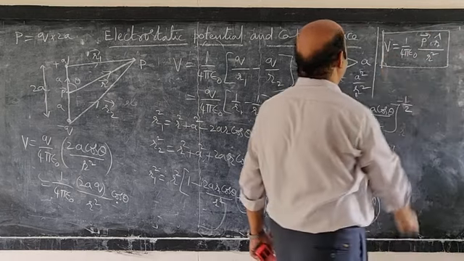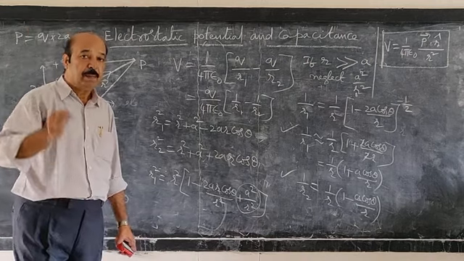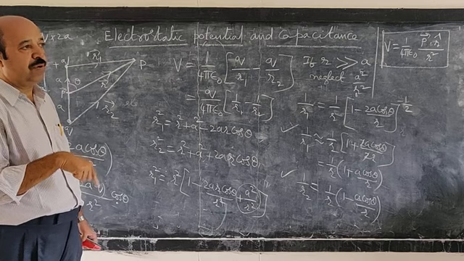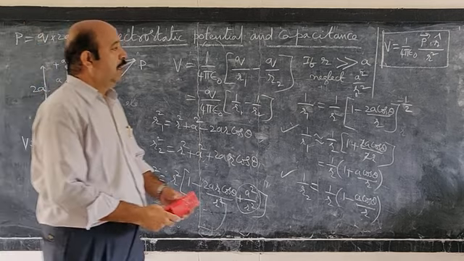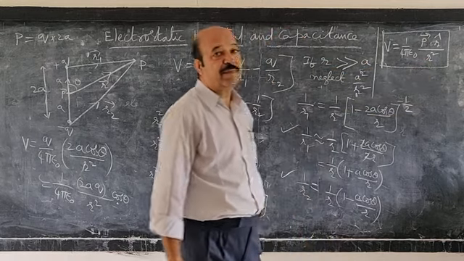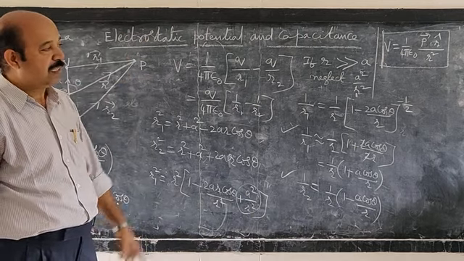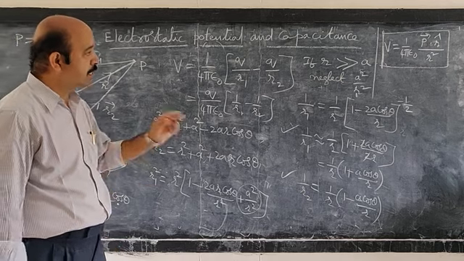Here, you see that the potential due to a dipole depends on the direction of the point, that is, the angle between the dipole axis and the position vector. Here it varies inversely with the square of the distance, whereas in the case of a point charge, potential varies only inversely with the distance. Here it has inverse square dependence on distance.